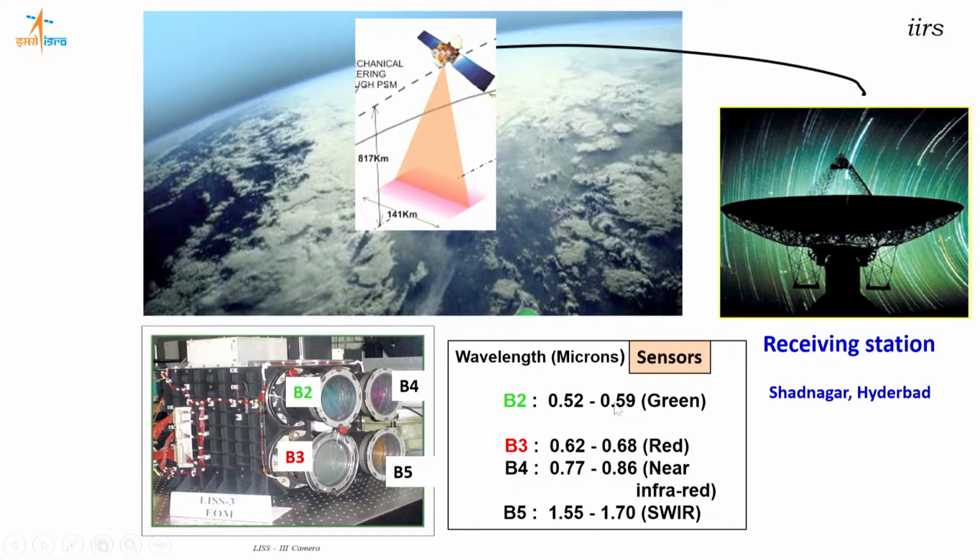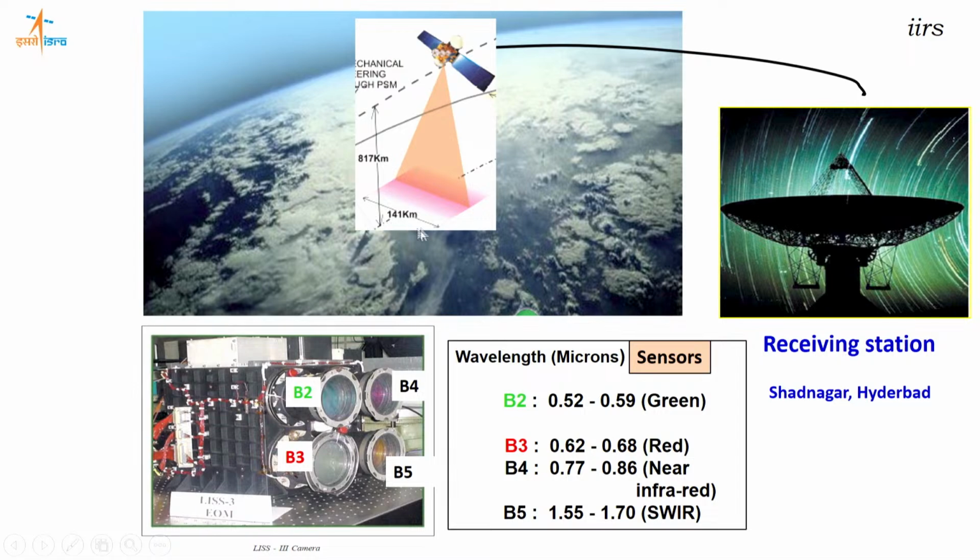B5 collects the reflectance in 1.55 to 1.70 micrometer. So these are the individual cameras which record the reflectance value in their wavelength regions, as the satellite moves over the earth surface.